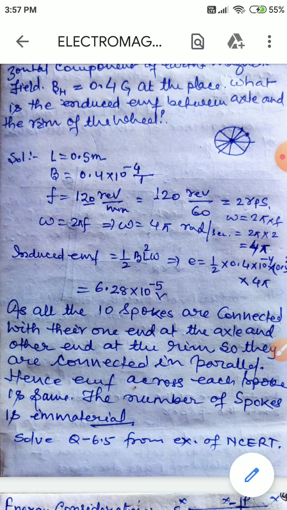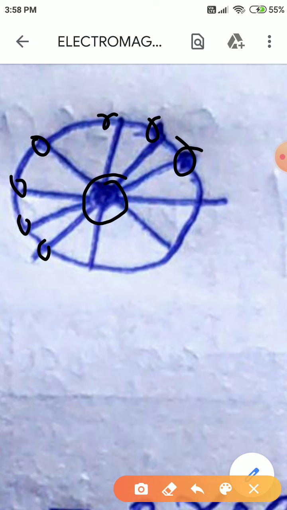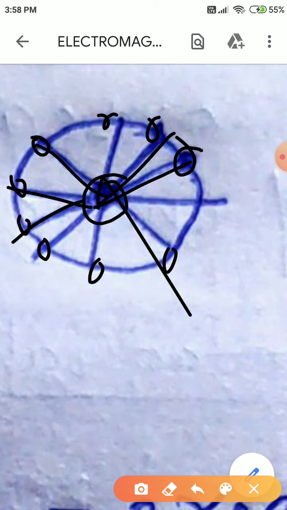Now here, one end of all the spokes is connected to the axle, a common point, and the other end is on the ring. So we can say that all these spokes are connected in parallel combination between 2 points, the axle and the ring.